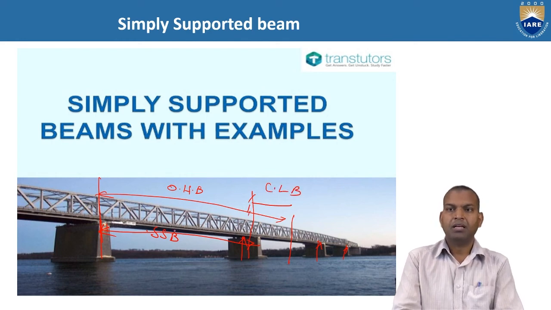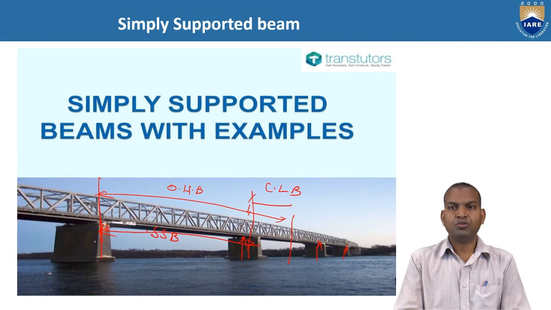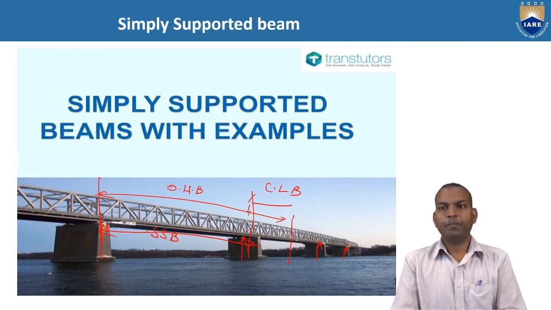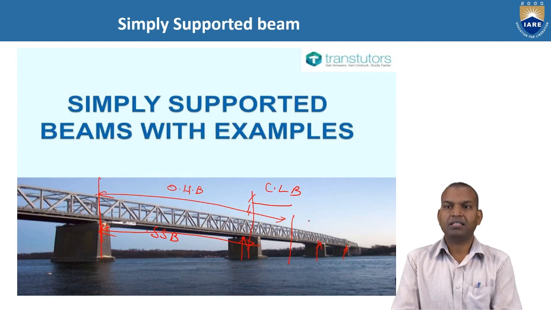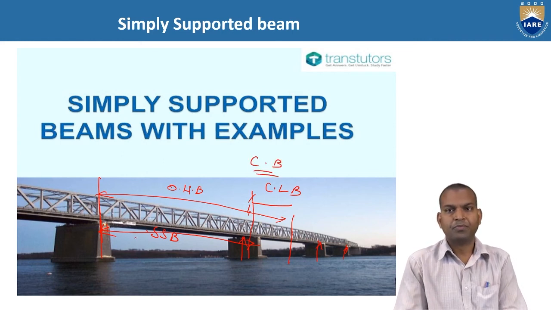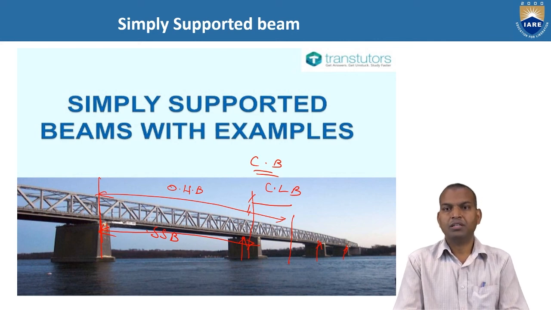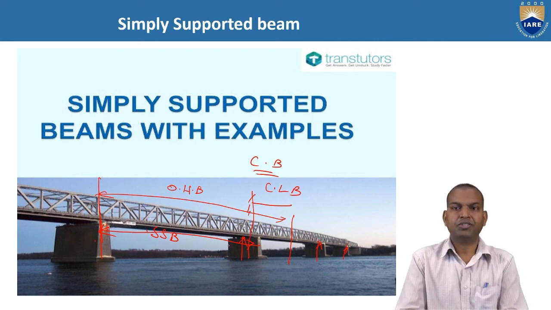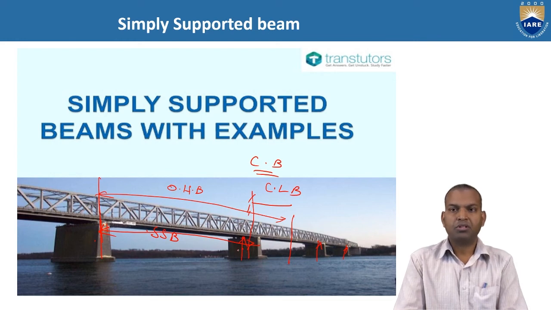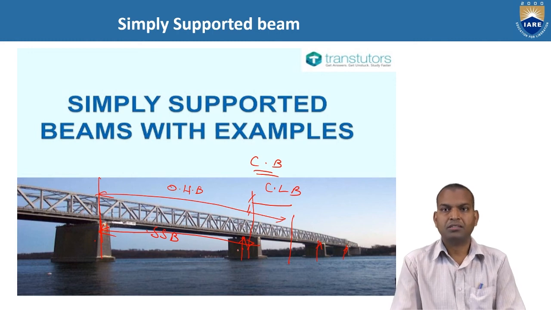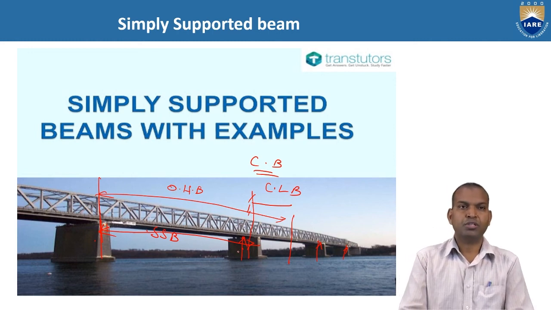In the case of bridge construction, if we consider all these supports together, it is called a continuous beam, CB. So this is the example: between two pillars supported by either hinged support, roller support or knife edge support, that type of beam is called a simply supported beam.